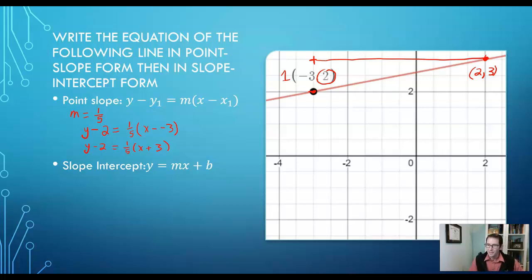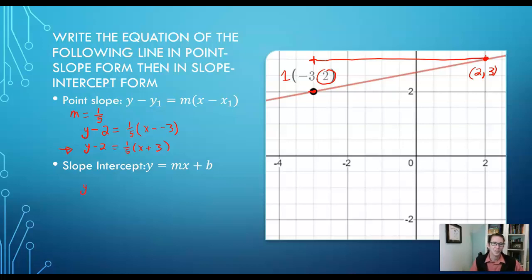Good enough, right? But then let's take a look at this in slope-intercept form, and then we'll talk about why sometimes we just really like this point slope form of a line. So I'm going to solve this for y. The first thing I'll do is distribute the 1/5 to both of these terms in the binomial.